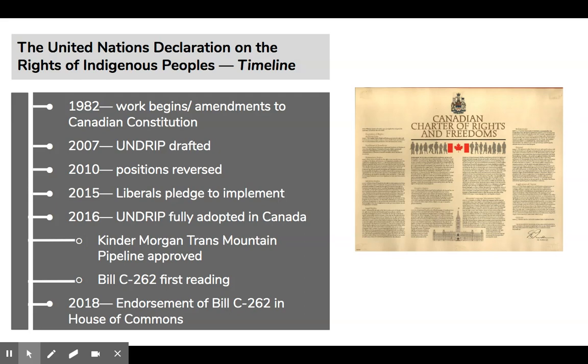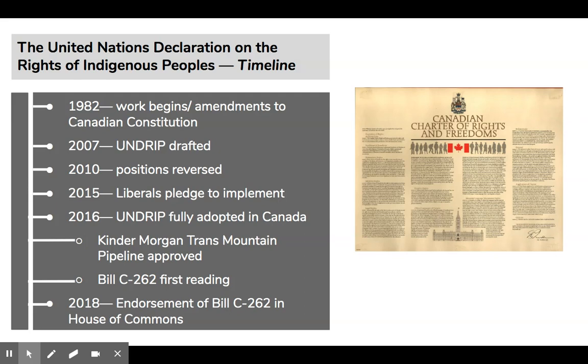This was happening at the same time as amendments were being made to the Canadian Constitution and the creation of the Canadian Charter of Rights and Freedoms. Significantly, Section 35 was included last minute as part of the Constitution Act in '82, recognizing the existing Aboriginal and treaty rights of the Aboriginal peoples of Canada.